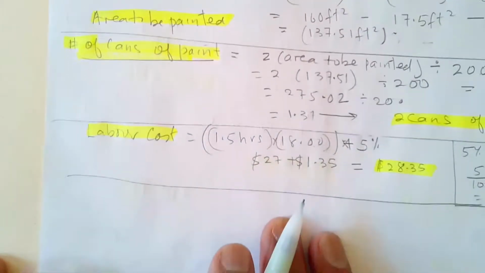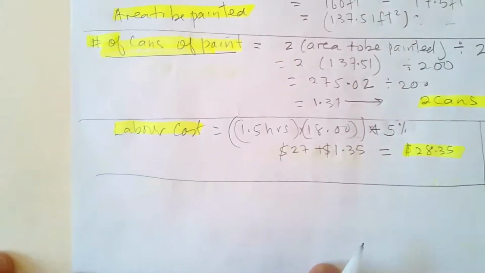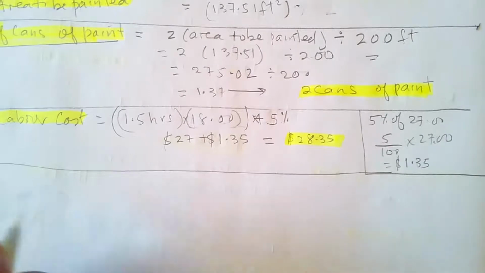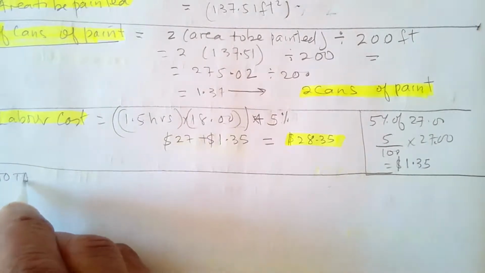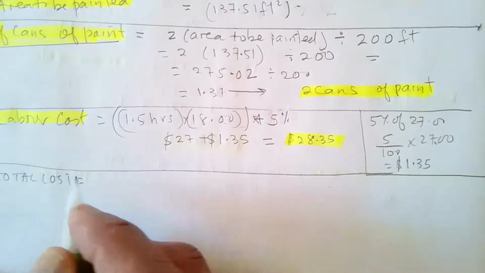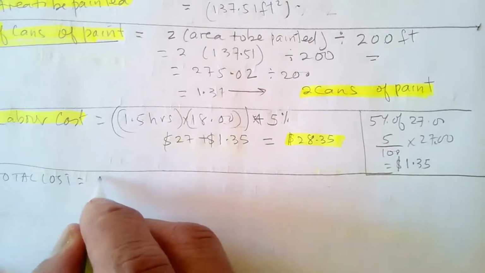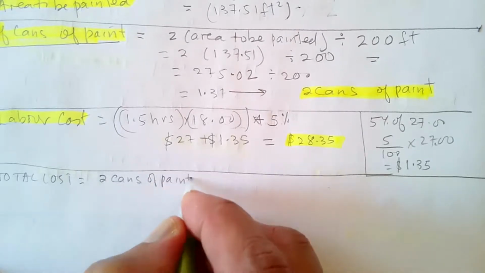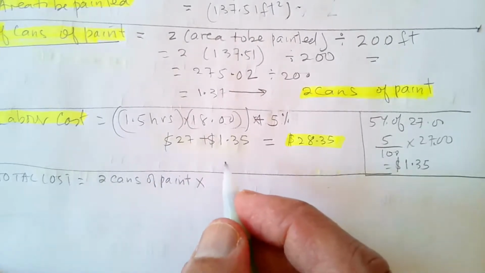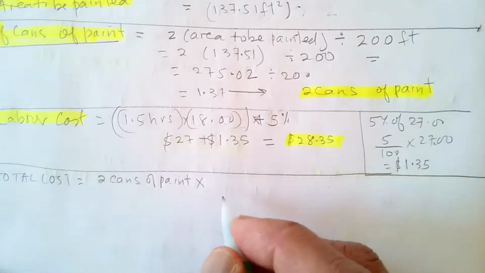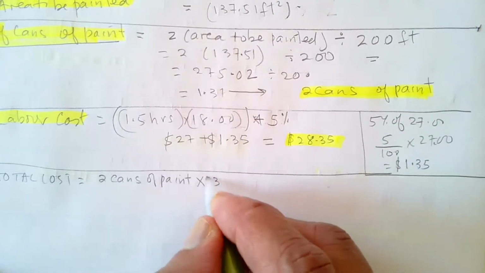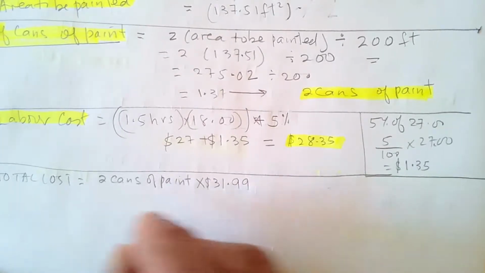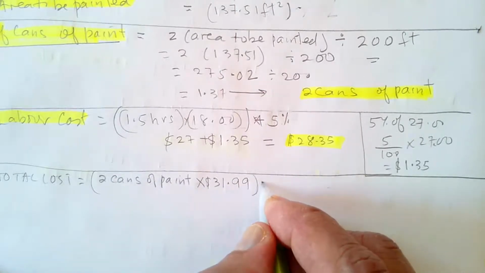So finally, the total cost is equal to 2 cans of paint multiplied by the cost of the paint, $31.99, right?